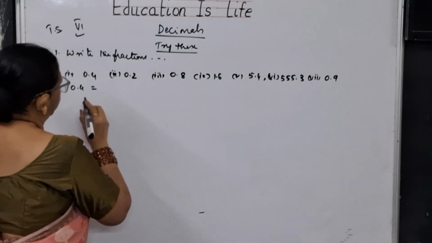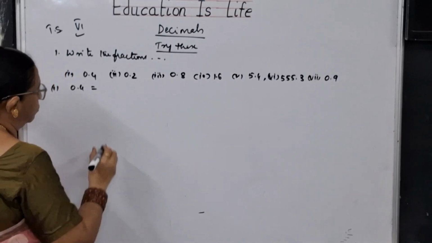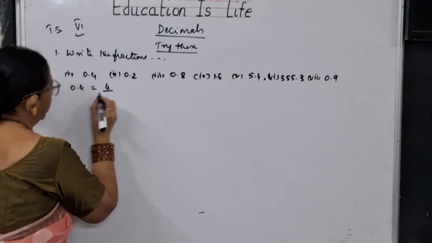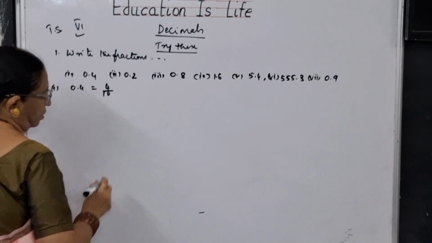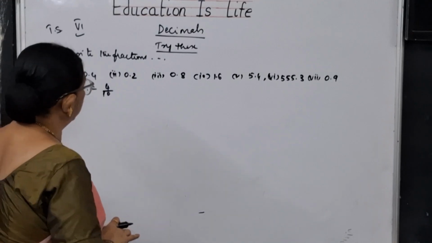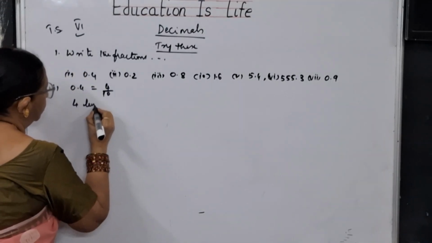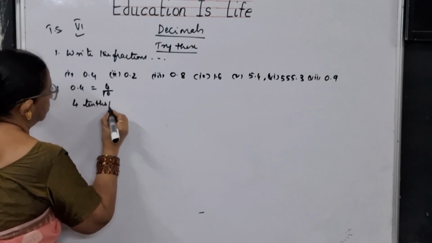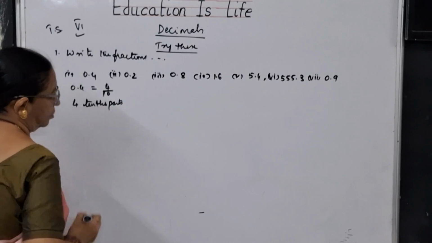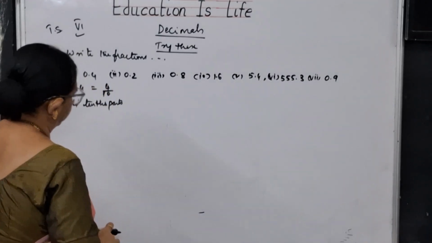Now the question. The first one, 0.4. How will you write this 0.4? 4 by 10. So how many tenths parts are they asking? It has 4 tenths parts. This is the answer, children.